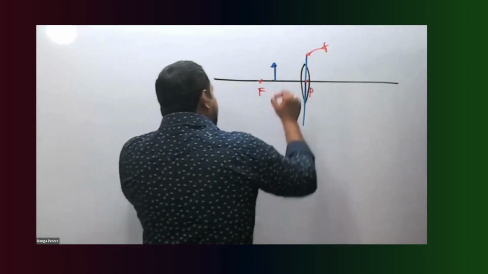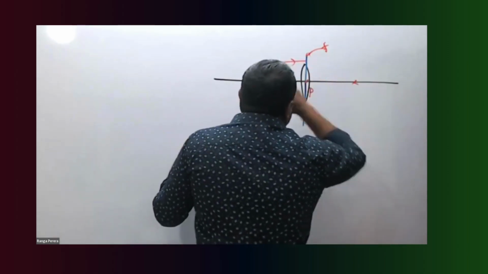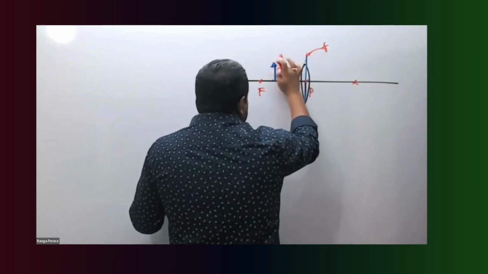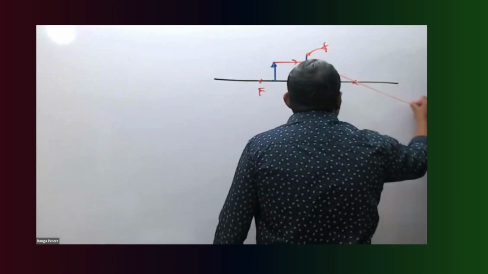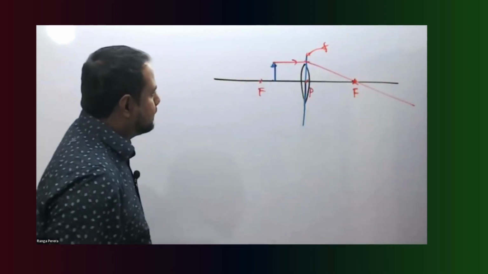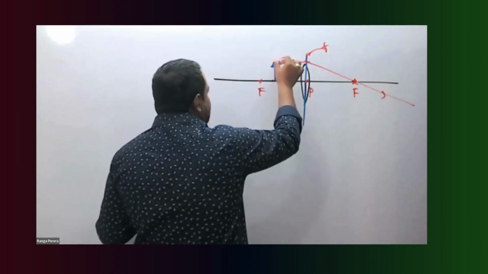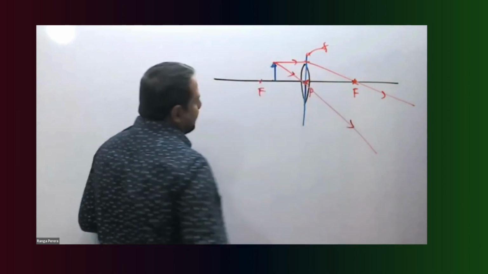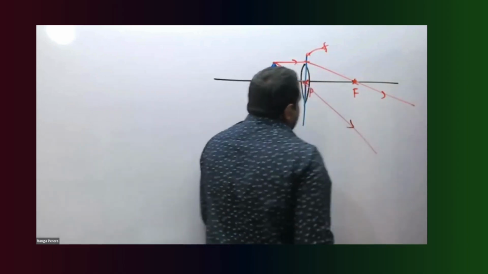When you draw the ray diagram, a ray which is parallel to the principal axis, after the refraction, goes through the focal point. That's one ray. We can draw another ray which goes through the optical center. It is very clear. On this side, you can't develop an image.